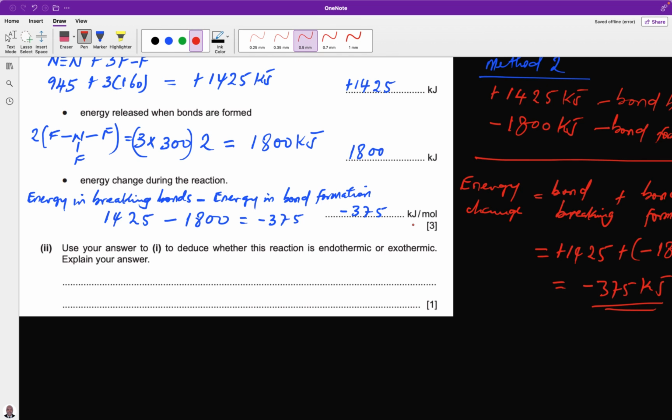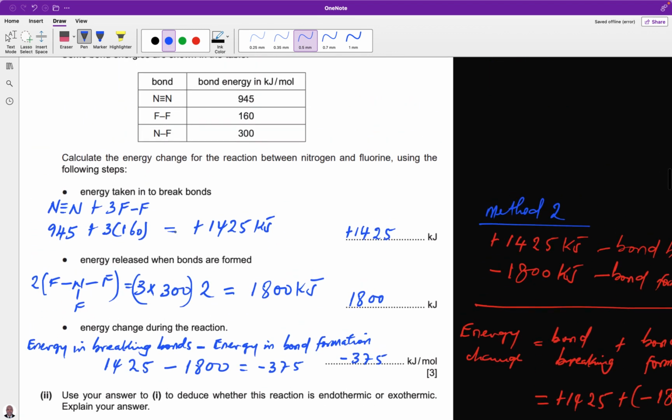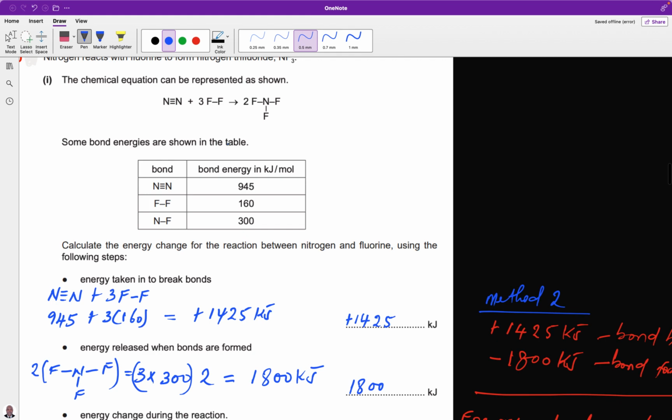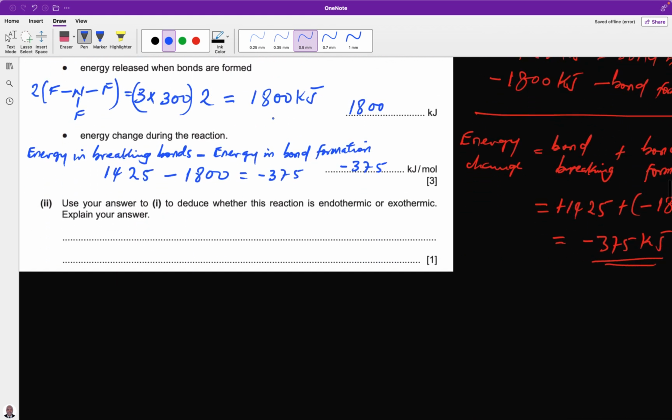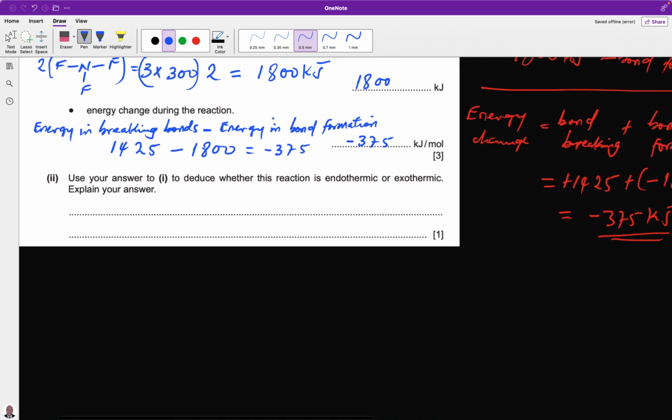It is clear that because the value is negative, it is an exothermic reaction because there is formation of nitrogen trifluoride. It ends in the formation of a product. So the reaction is exothermic. So there is bond formation. It is exothermic.